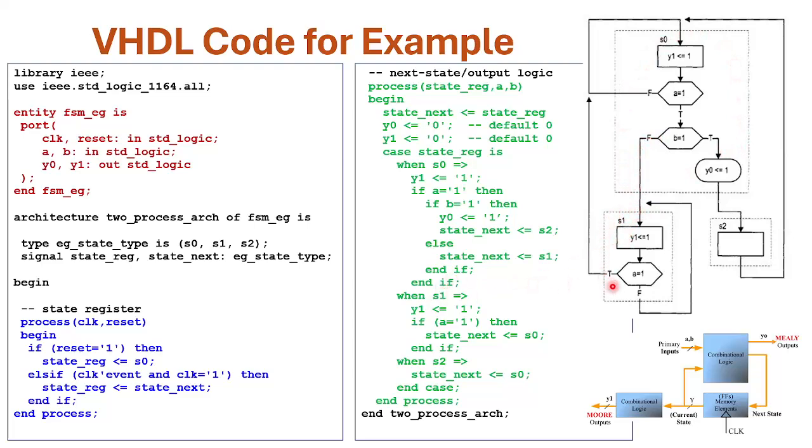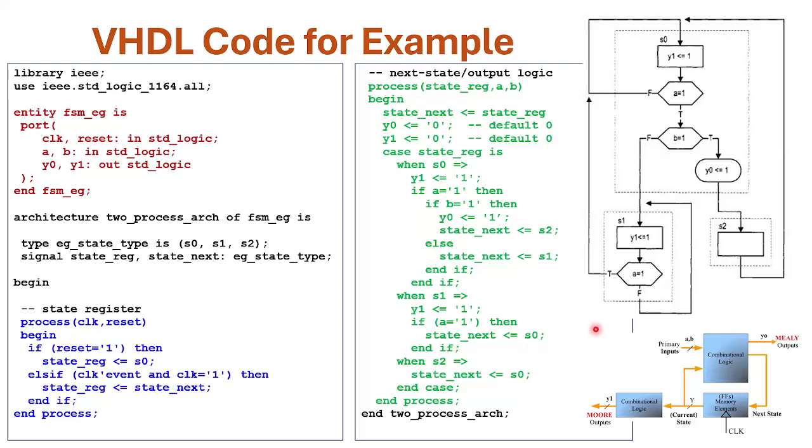Now, when we're in S1, that is captured by this branch of this case statement. When S1, we enter that box and assign to Y1 1. And then we check on A, and if A is equal to 1, then we go back to state S0.